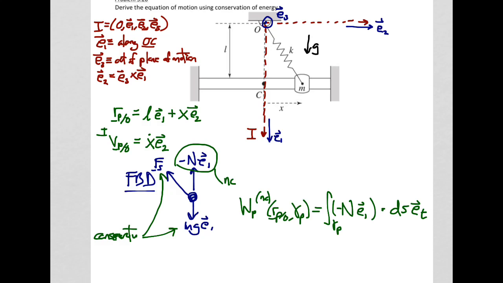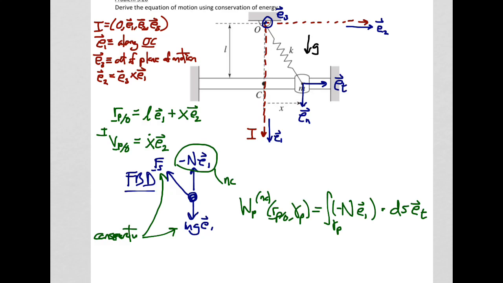Since we're doing a path integral, we need to apply a path frame. In our path frame we put our vectors, E sub t, and En is not well defined in this case because this is straight line motion.